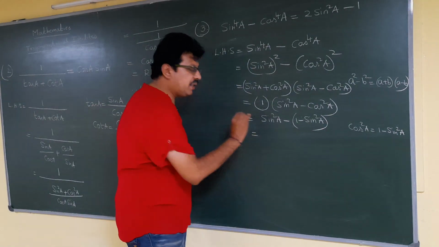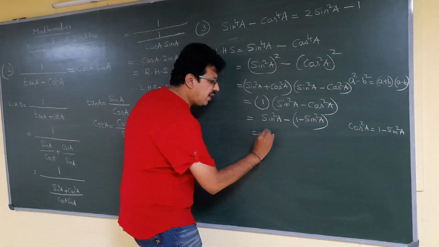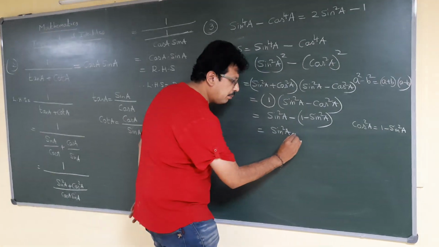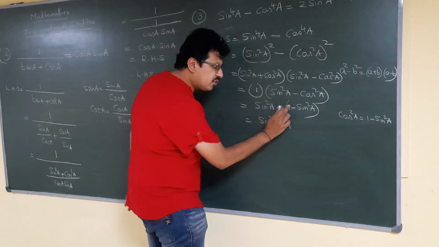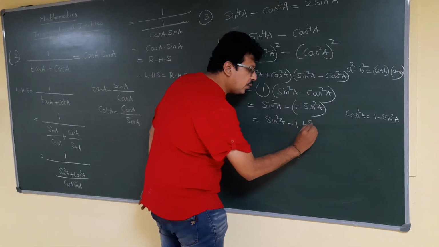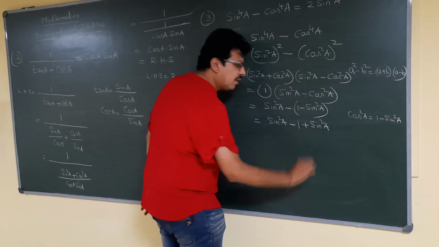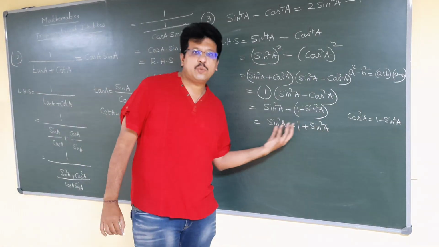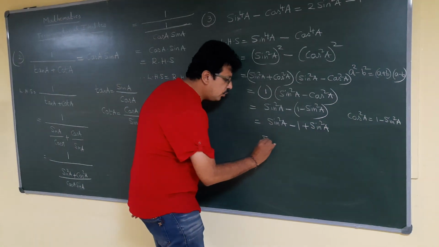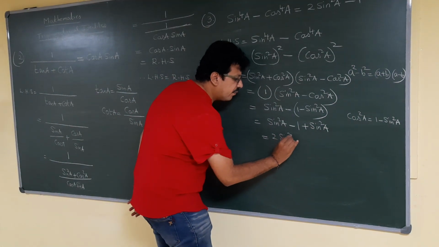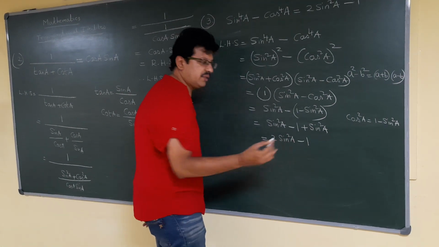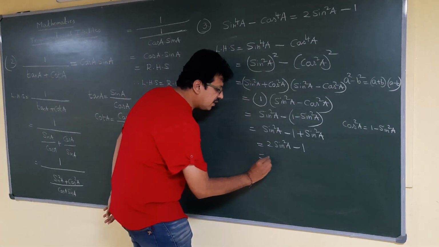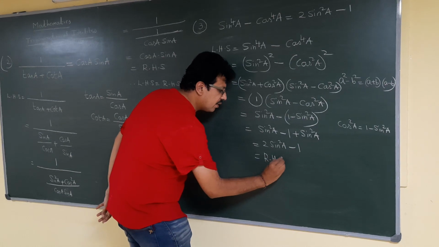So now we open the bracket. Sin square A we'll write as it is, minus into plus, minus 1, minus into minus, plus sin square A. So you can observe sin square A plus sin square A is 2 sin square A, minus 1 as it is. That is nothing but RHS.